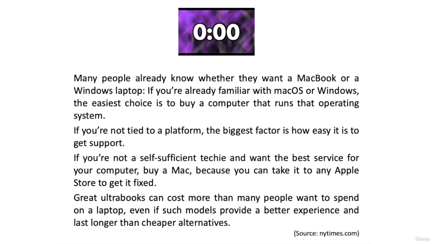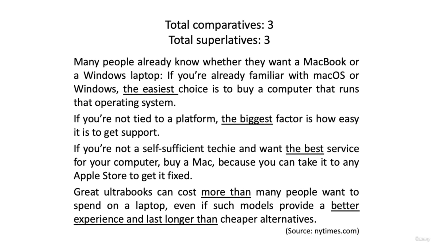Okay, time's up. In this text, there are 3 comparatives. Great ultrabooks can cost more than many people want, and such models provide a better experience and last longer than cheaper alternatives.